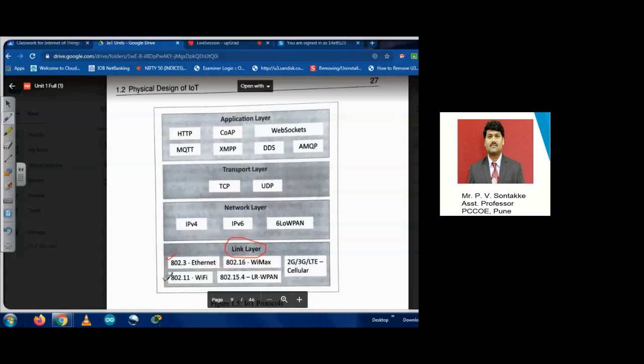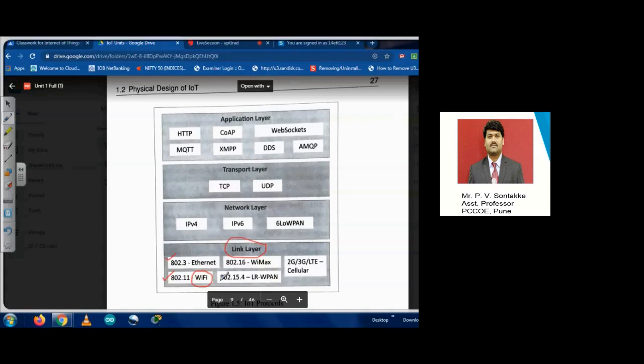If I'm talking about IEEE 802.11, this is nothing but your Wi-Fi. So it's the Wi-Fi fidelity, where it will be working on 2 frequency bands. If you want to purchase a Wi-Fi router, if you go to the market, you will get various routers, suppose the Cisco router or D-Link router.